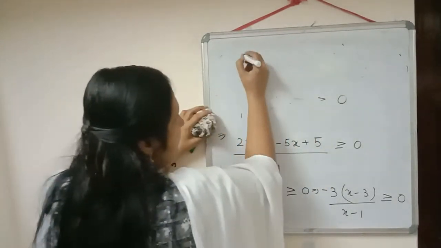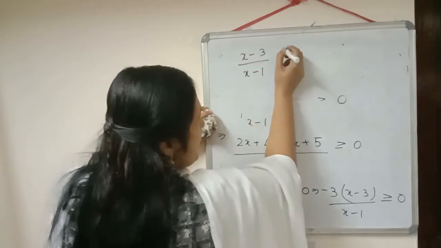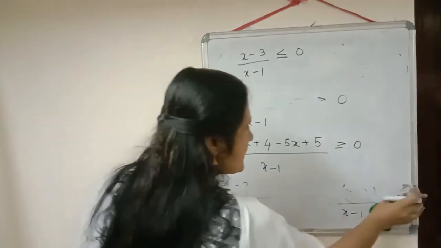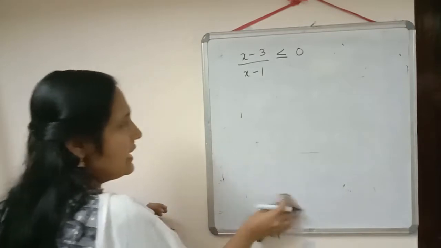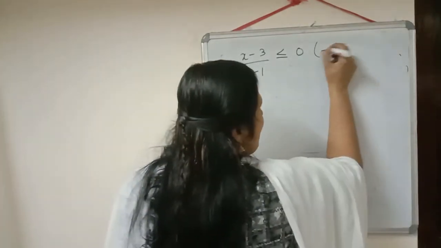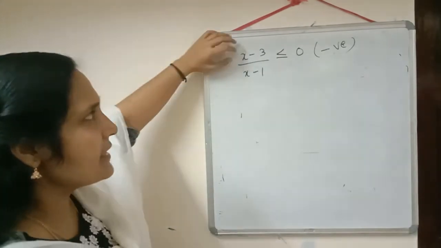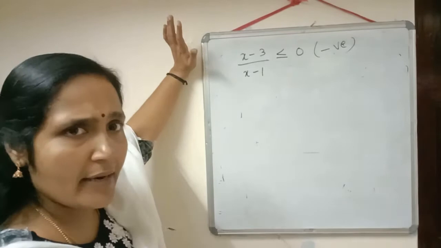Yes, we will get here (x minus 3) by (x minus 1) less than or equal to 0. The given rational number can be equal to 0 or it can be less than 0. Means now we want a negative number there. Correct? Either it can be equal to 0 or it can be smaller than 0.